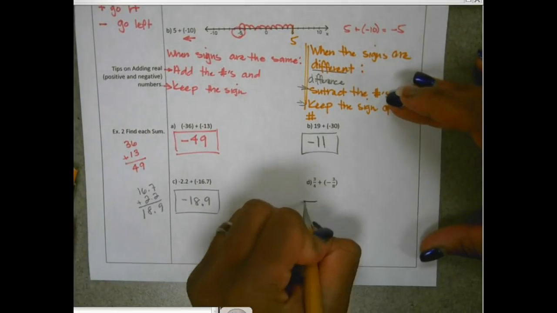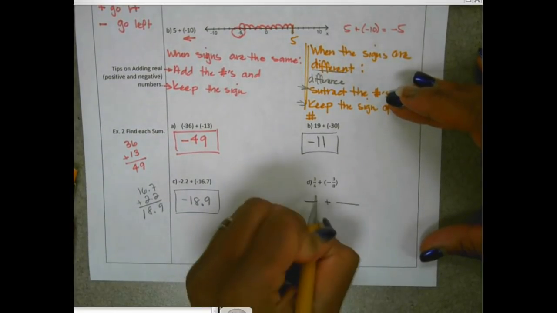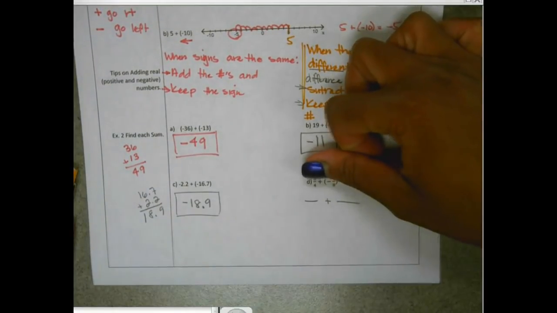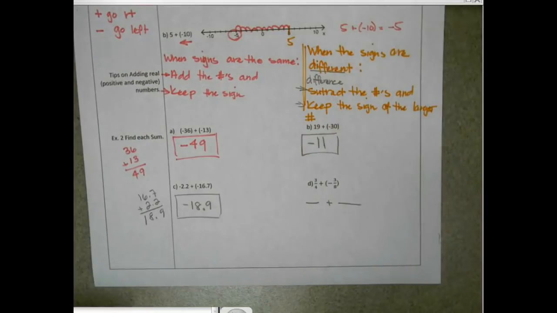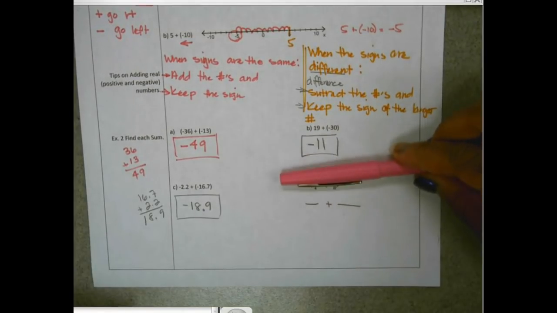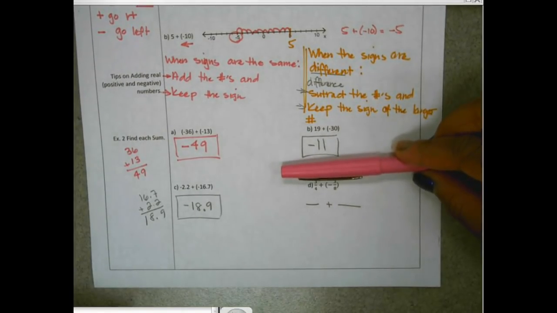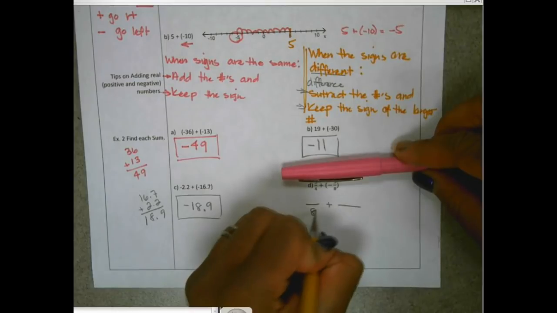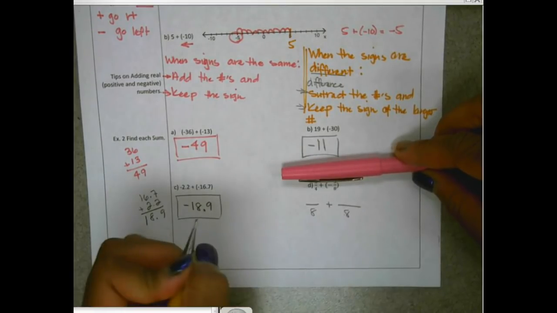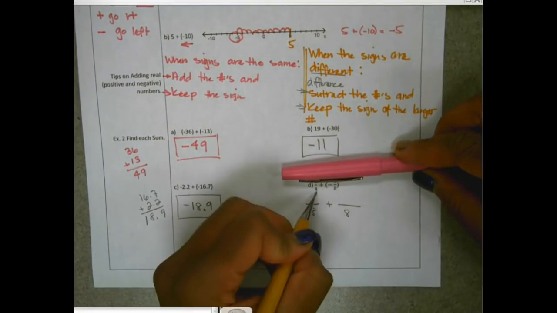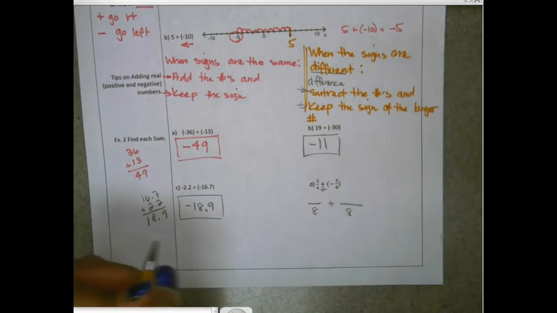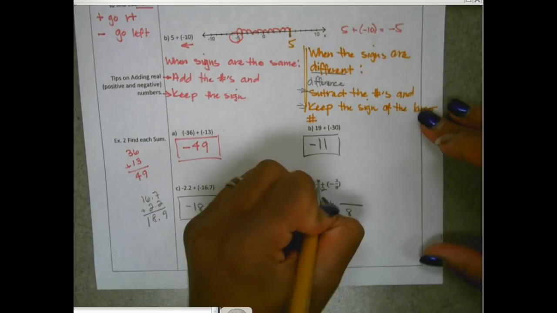Fraction action, everyone's favorite F word, not that one, fraction. In order for me to add, beautiful people, I need a common denominator. So I'm disregarding this for now, not looking at the numerators at all. But I'm thinking about this 4 and this 8, and I'm trying to figure out, okay, what do they both go into? My least common denominator for both of these numbers would be 8. So how do I do that? Well, I went from 4 to 8, so I'm going to multiply times 2 in the denominator. And whatever I do to the denominator, I must also do to the numerator.